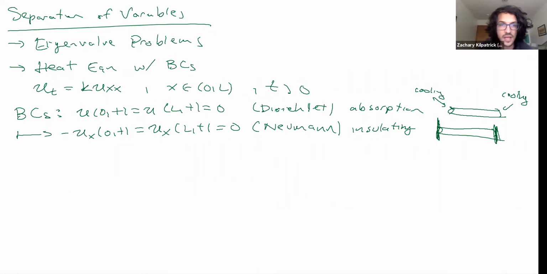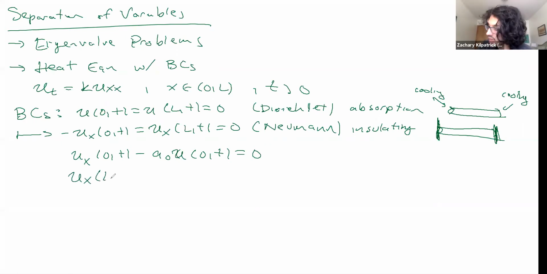The boundary conditions that are in between are what are called Robin boundary conditions: u_x(0,t) minus a_0 u(0,t) is equal to 0, and u_x(L,t) plus a_L u(L,t) is equal to 0. This is for t greater than 0.